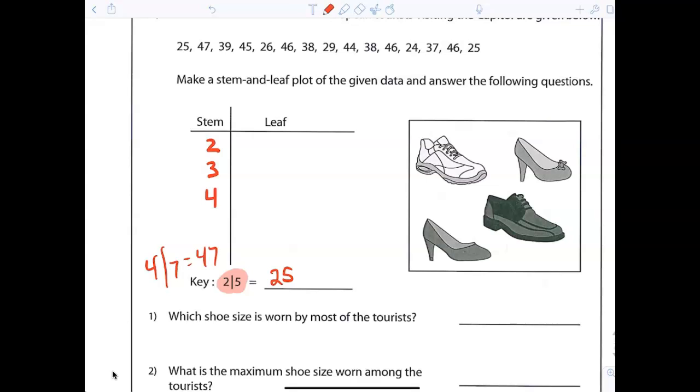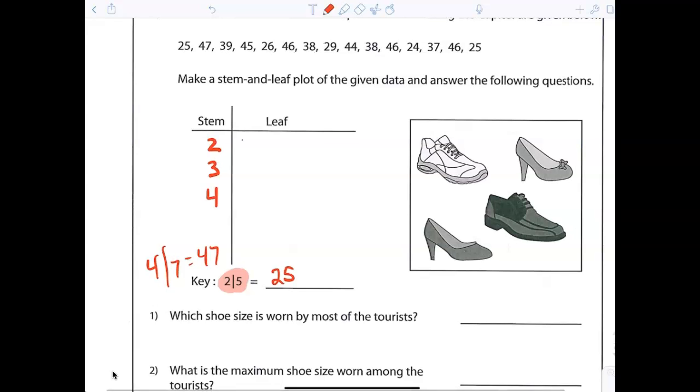As we go through here, somebody said the smallest was what? 24. So then we put a 4. Now I like to cross it out because I can see myself doubling something up. And then what? 25, so we put a 5 down.